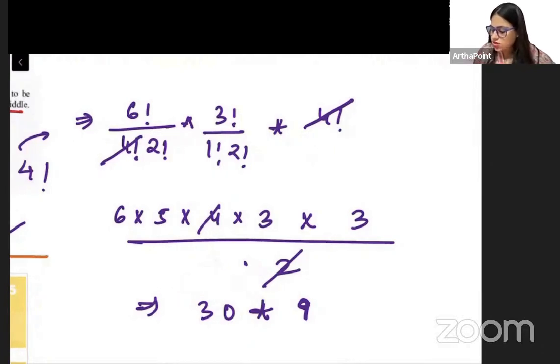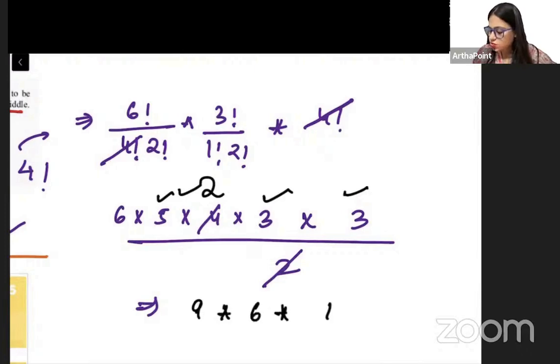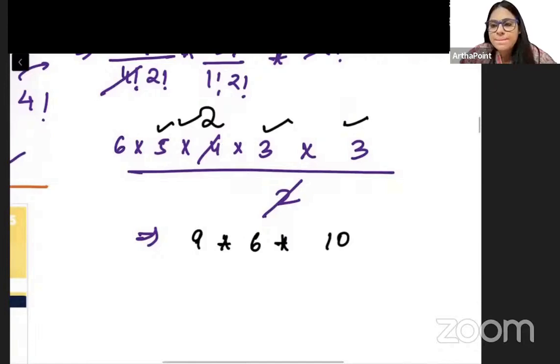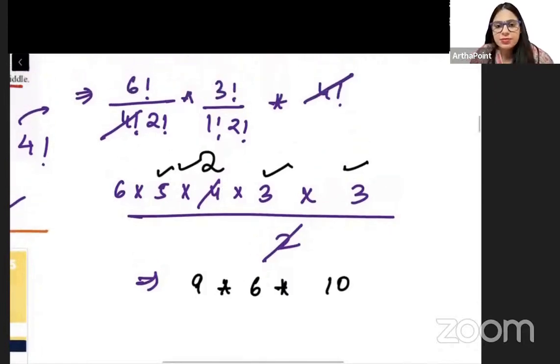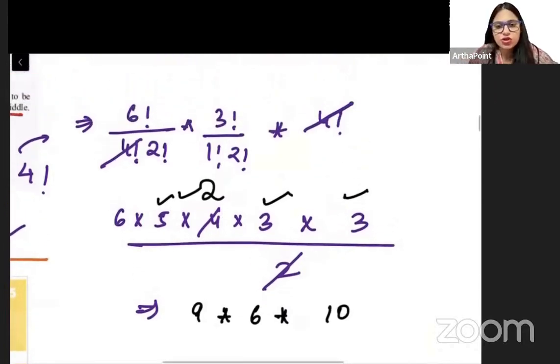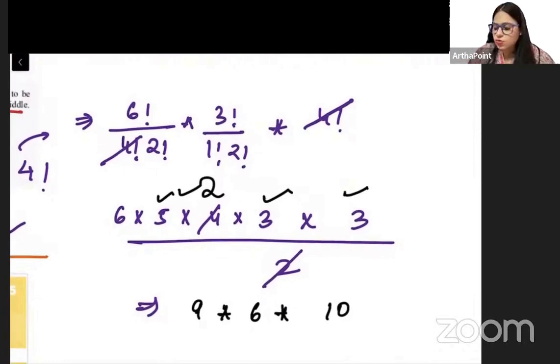30 into 9 nahi hoga. This will have a 2 here, right? So this will be 9 into 6 into 10. These are the number of ways in which you can go ahead and, oh, there will be no 2 here also, into 2.